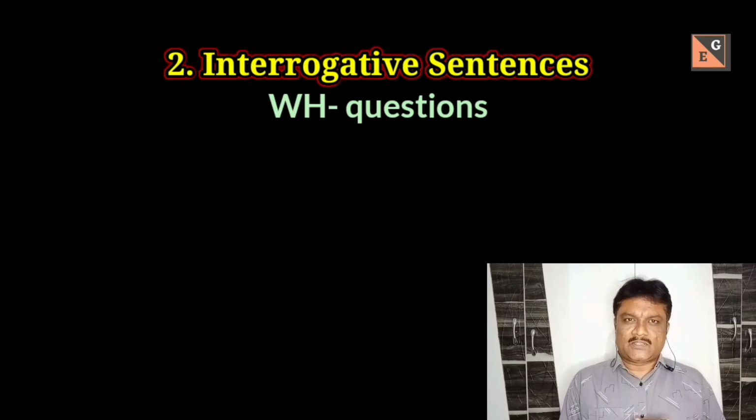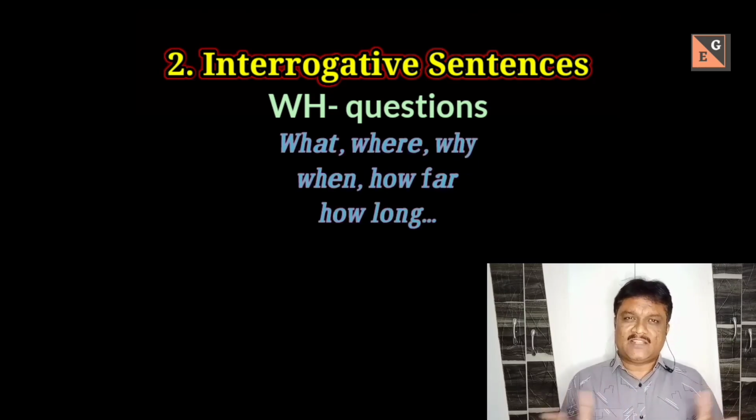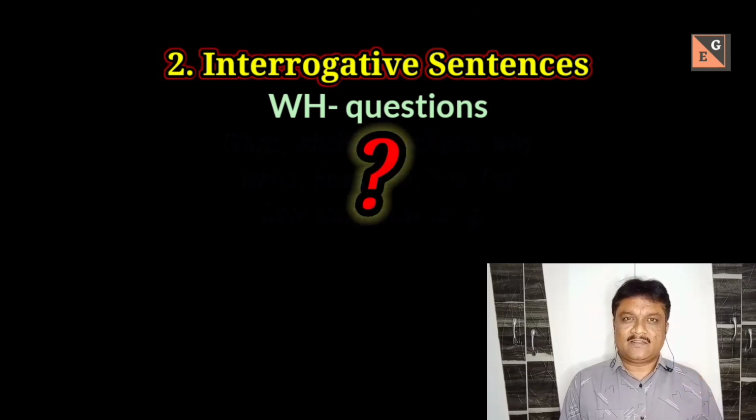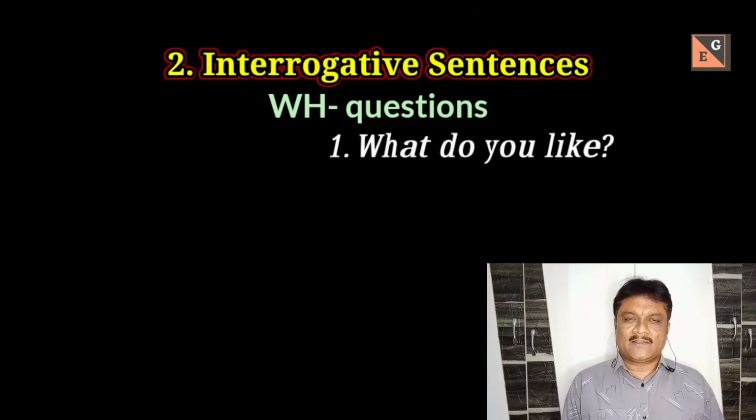These WH questions begin with one of the WH pronouns like what, where, why, when, how far, how long, etc. And at the end, these sentences take a question mark. Let's see an example. What do you like?